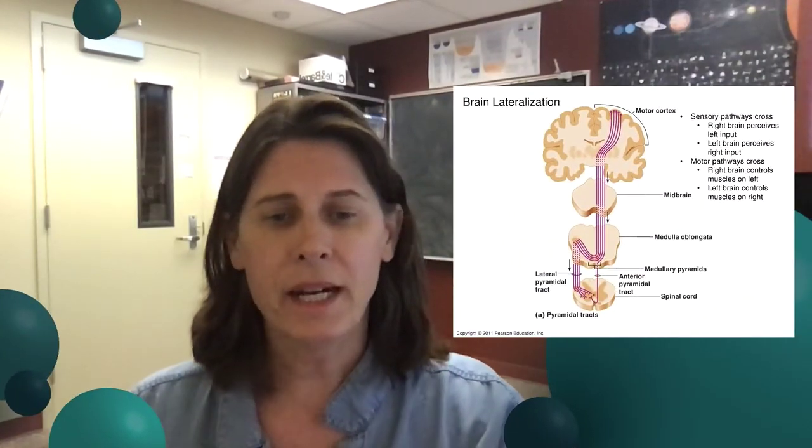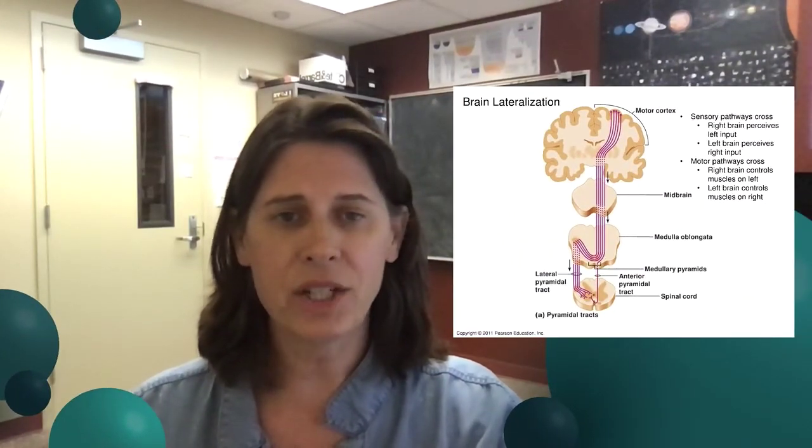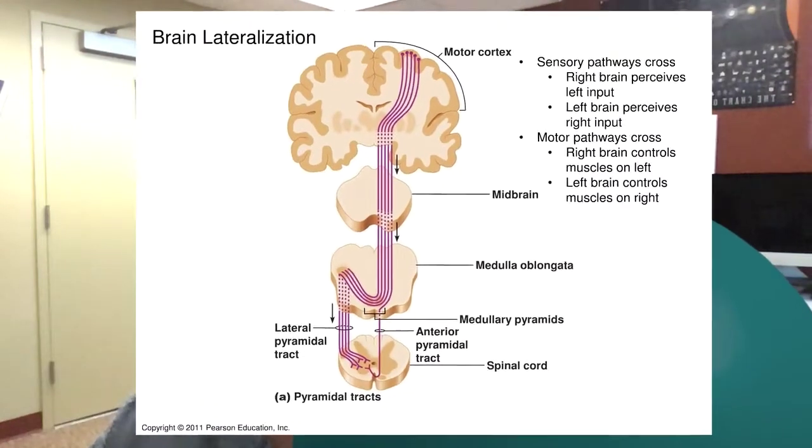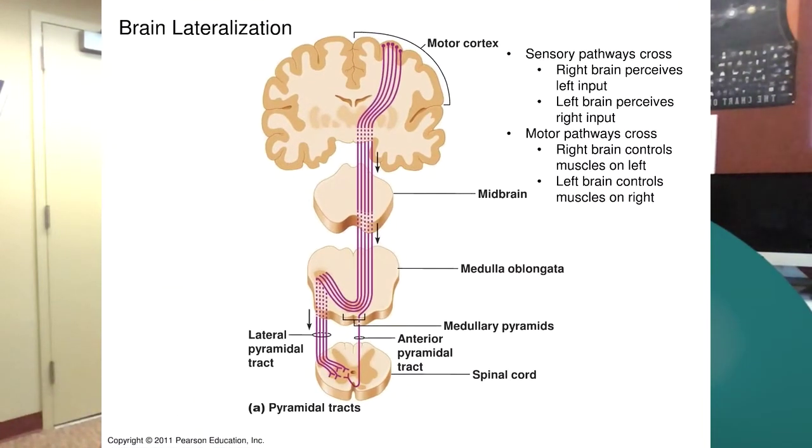Okay. And here's that brain lateralization. This is what I kind of mentioned before. In this example, you can see it with the motor cortex. The cell bodies start up in the motor cortex area, in that motor cortex gyrus. And then the axons bring signals downward through the white matter, through the midbrain, through the brain stem, all the way out the medulla oblongata to the spinal cord.